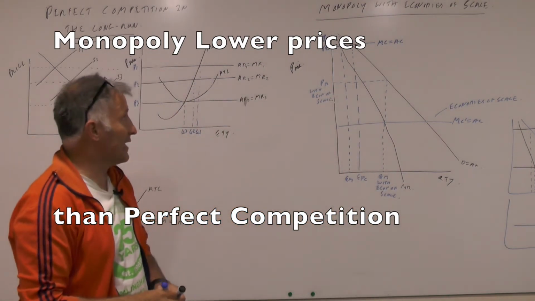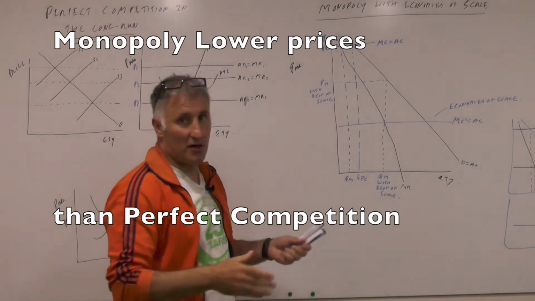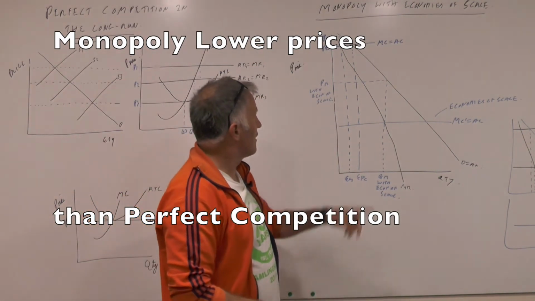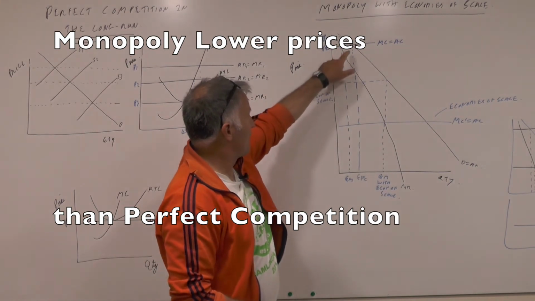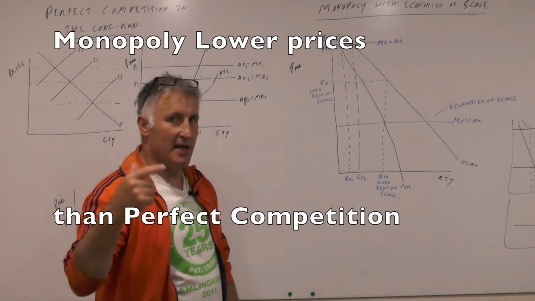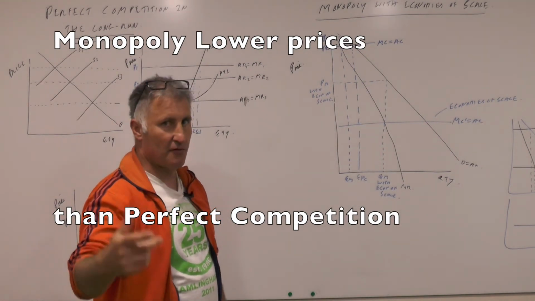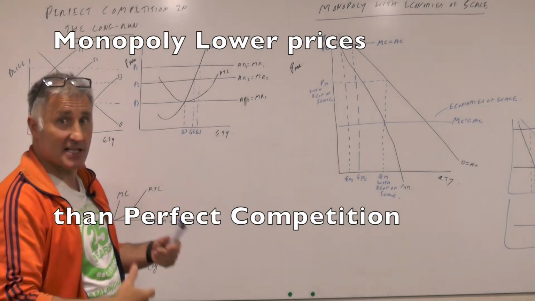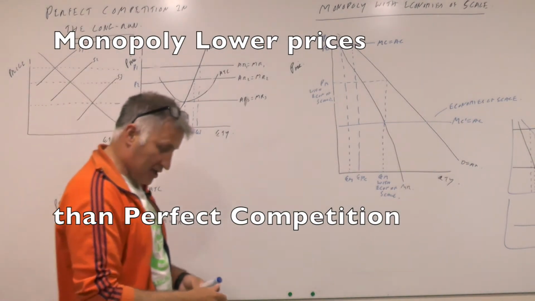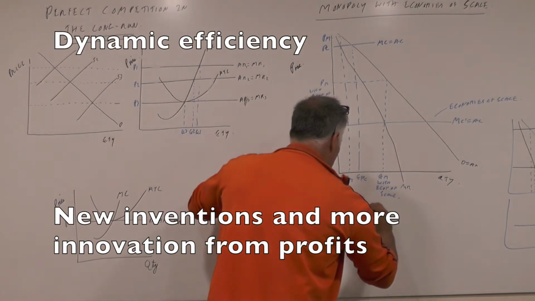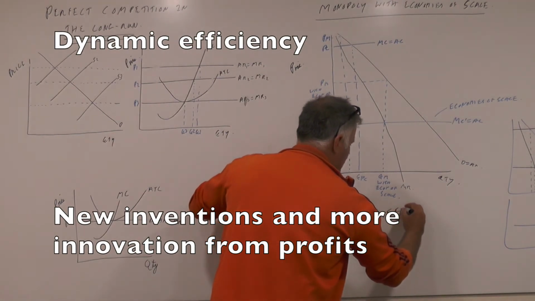Well, quite clearly, a monopoly with economies of scale is much better for the consumer than a firm in perfect competition because the price is much lower. So therefore we have created more allocative efficiency. So therefore we can then say a monopoly is better than perfect competition, particularly as well if you can also get dynamic efficiency.